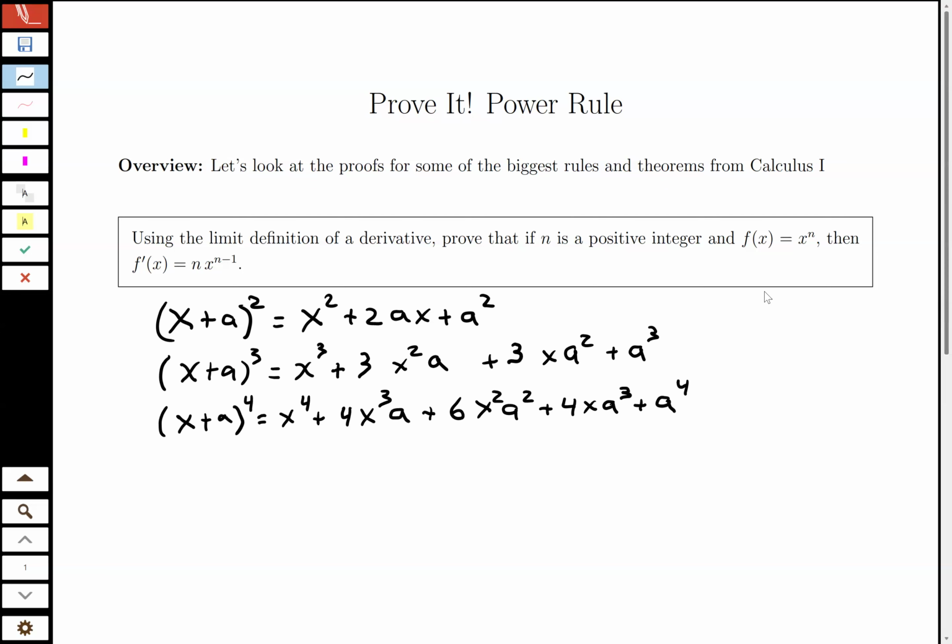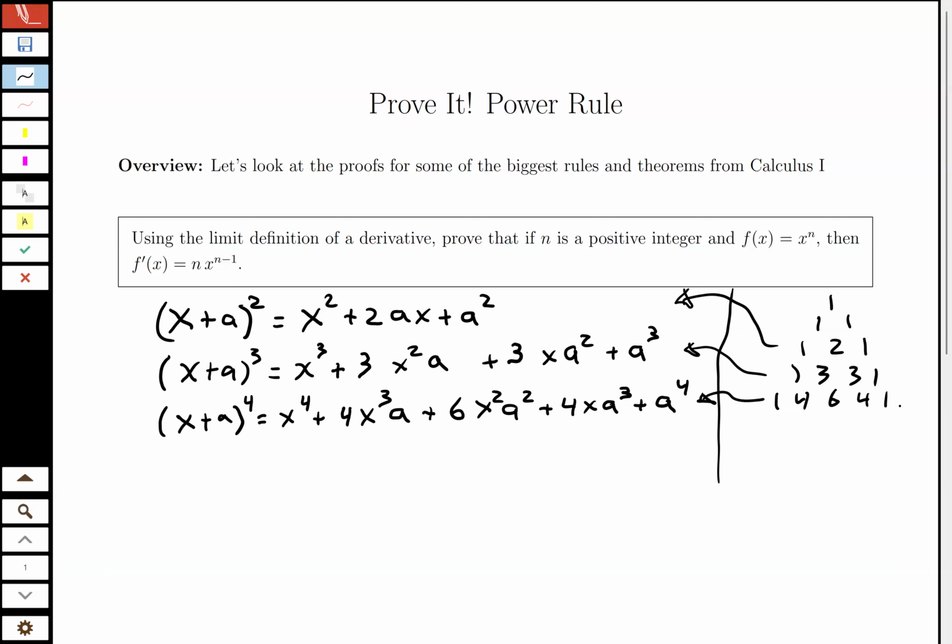If you're familiar with Pascal's triangle, the coefficients for these things are coming from corresponding rows. So for example, 1, 2, 1 for the first one, 1, 3, 3, 1, 1, 4, 6, 4, 1.